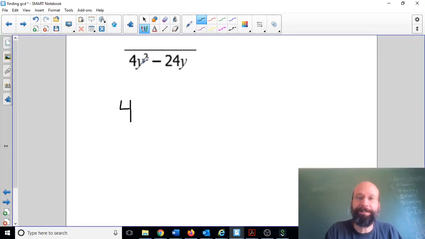And now we have to look at the variables. This is new. So you can take out a variable if all the terms have the same variable. And both of these terms have y. So you can take out the smallest exponent. There's an exponent of 2 and an exponent of an imaginary 1 here. So you can take out the small one, so that would be a y.